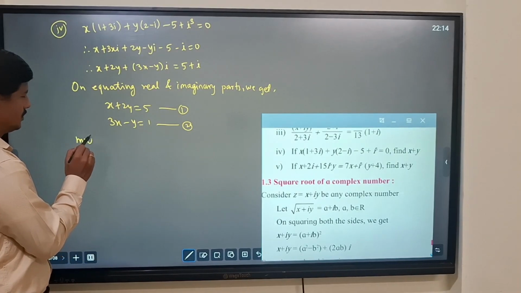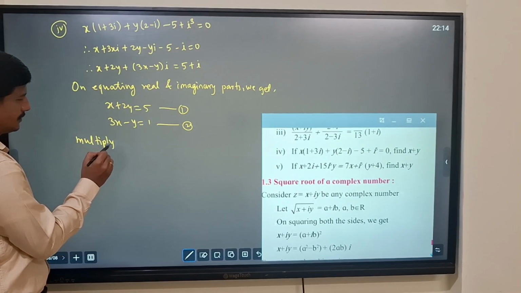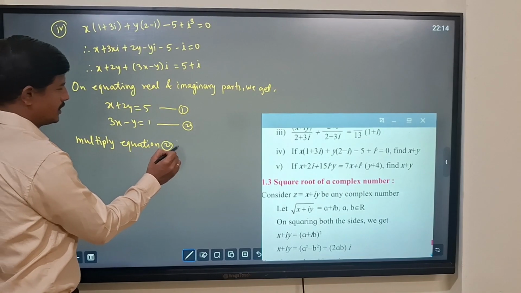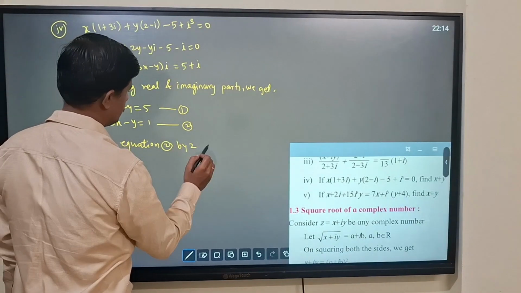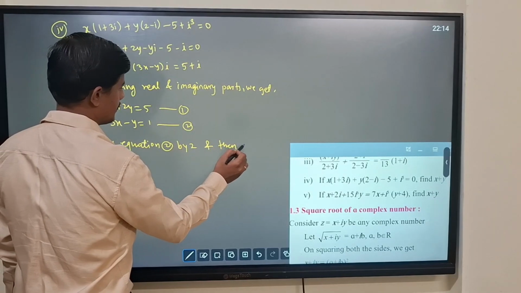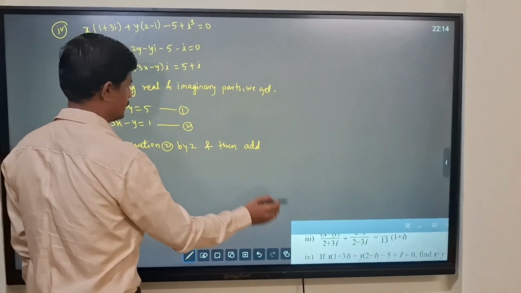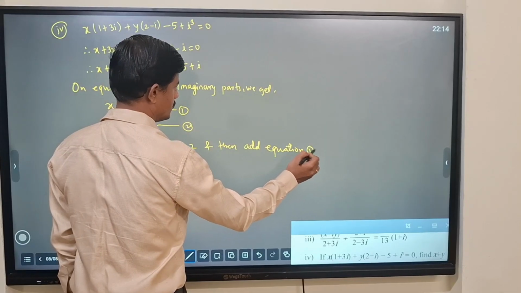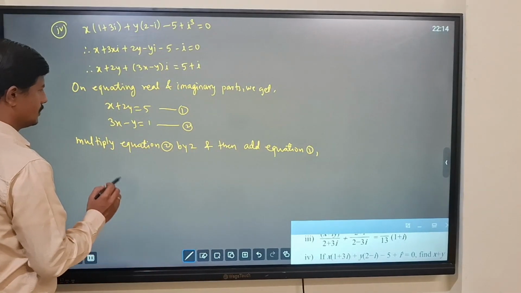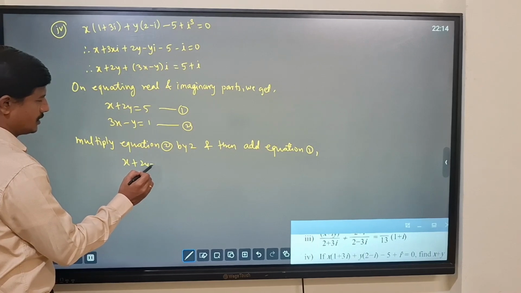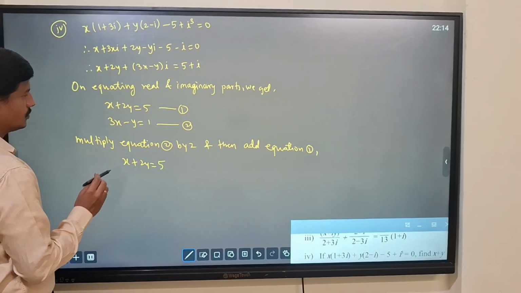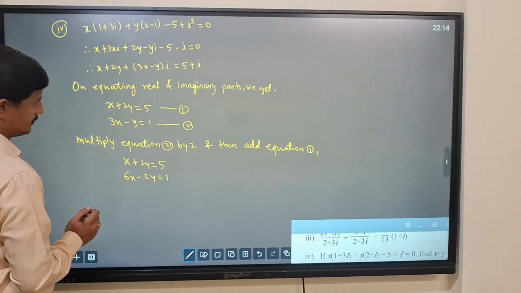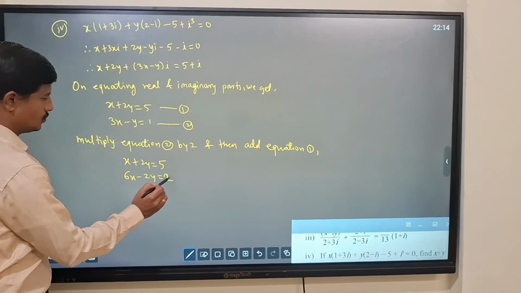Now multiply equation 2 by 2 and then add with equation 1. Okay, x plus 2y equal to 5, and multiply this by 2, so this becomes 6x minus 2y equal to 1. Sorry, not 1, this is 2.